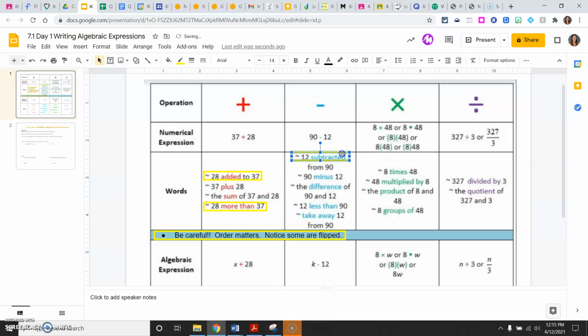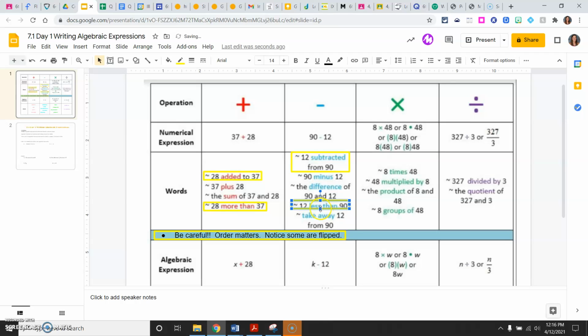Now, if you're like, what is she talking about? Pay attention to here, 90 comes first, and when it's written with the word subtracted, 90 doesn't come first, 12 does. 12 is being subtracted from 90. 90 came first, 12 is being taken away. 90 minus 12, that stays in the same order. The difference of 90 and 12 stays in the same order. 12 less than 90, that's a flip-flop word, less than.